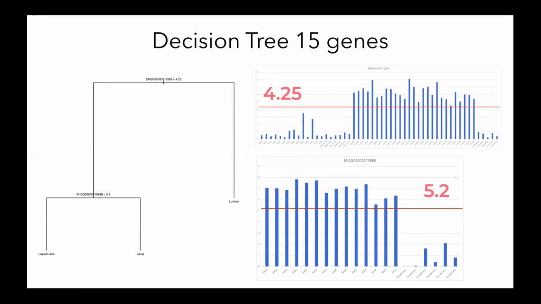So what is the problem with decision trees? There are several problems. One of the algorithms that works in a decision tree has a random initialization. What do I mean by random initialization?